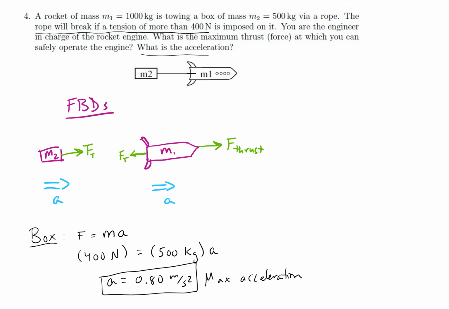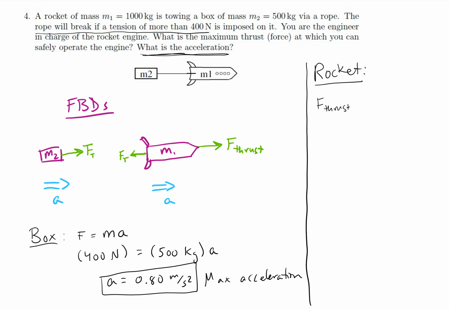Okay, so that actually answers that part of the question, what's the acceleration? But we don't know yet what the thrust is of the rocket engines, so we still have to analyze the rocket. For the rocket, we have the force of thrust minus the tension force equaling ma.